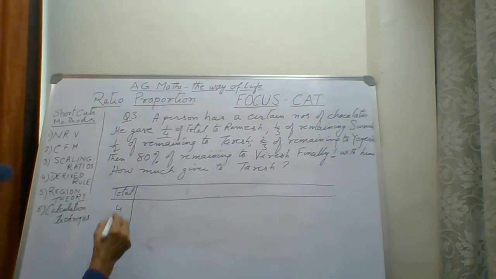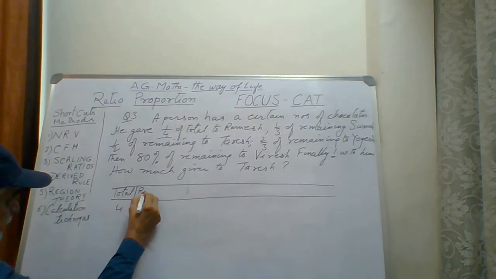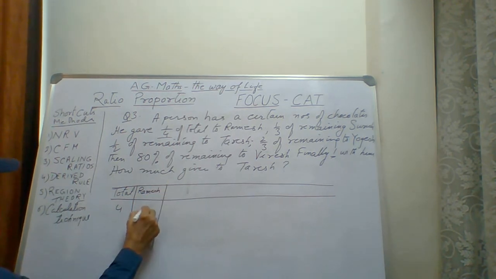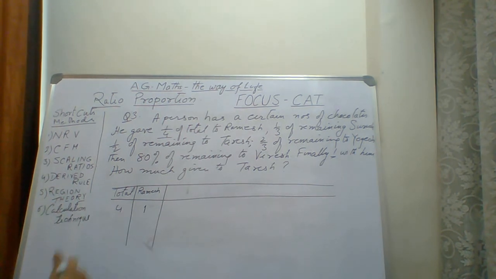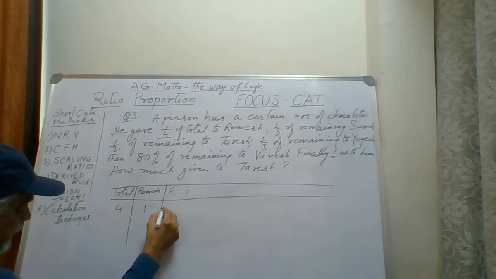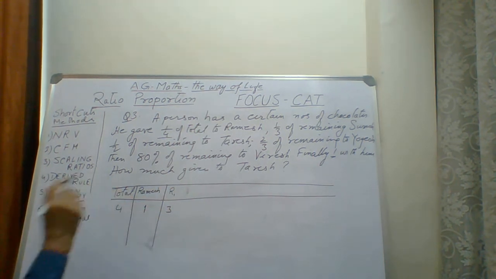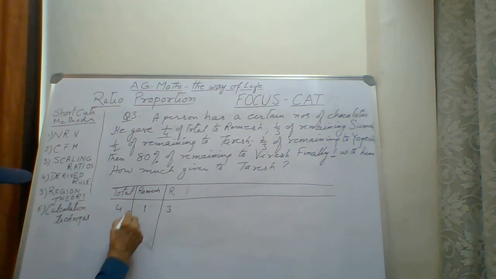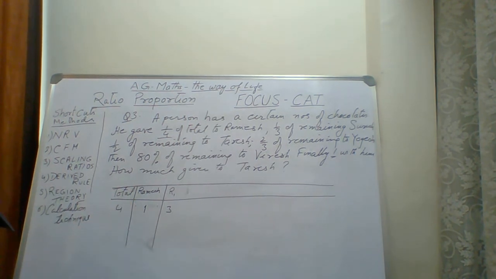He gave to Ramesh 1/4, which means one chocolate. Then what is the remainder? The remainder after the first stage is 3. 4 he had, 1 he has given, so 3 was his remainder.